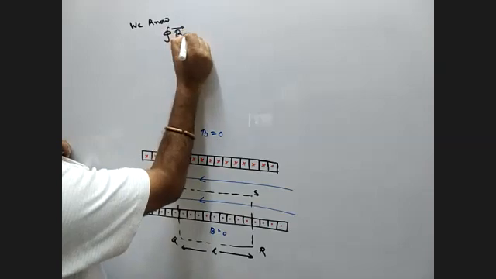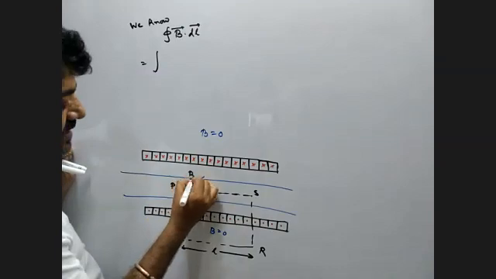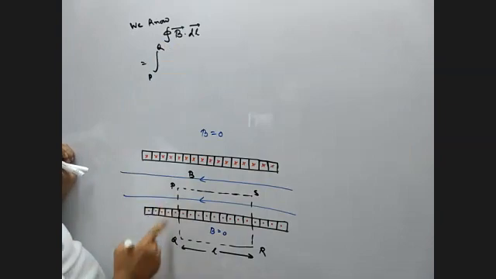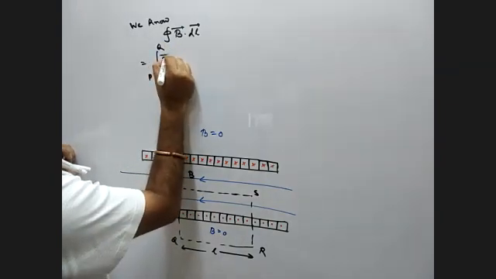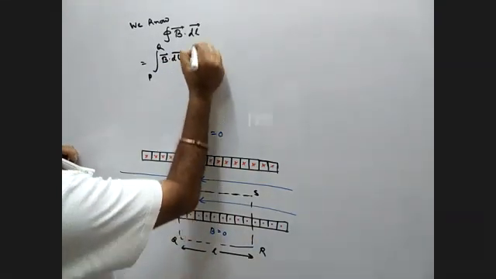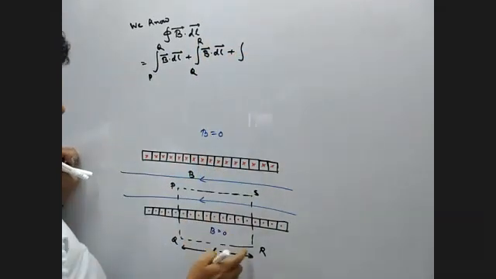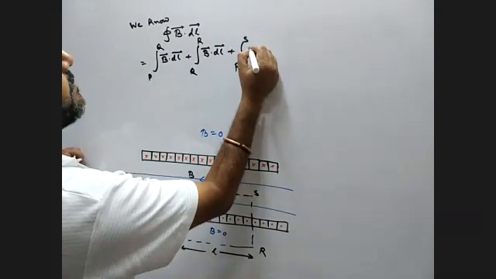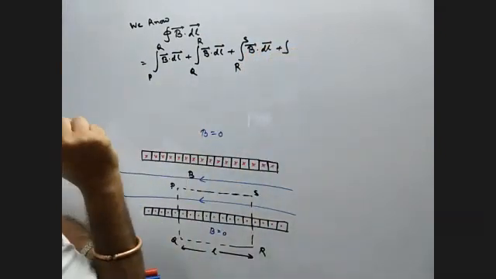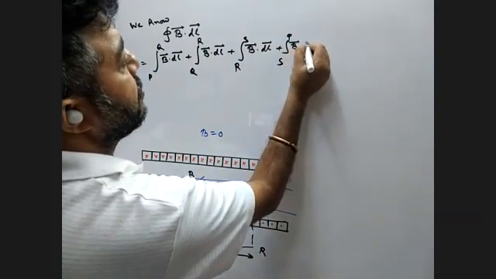So we know the integration of B dot dl, this is the magnetic field. We move from P to Q, B dot dl; we move from Q to R, B dot dl; we move from R to S, B dot dl; we move from S to P, B dot dl.